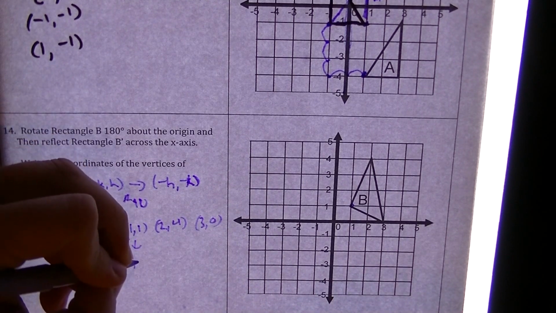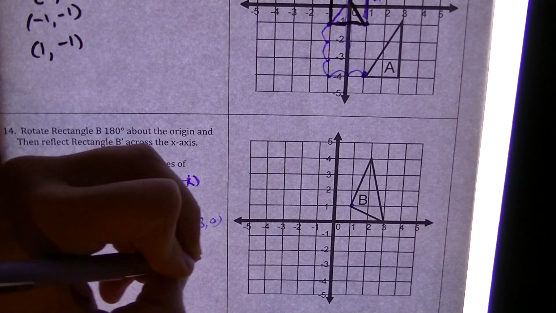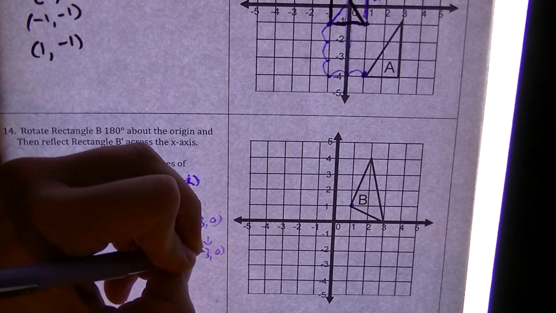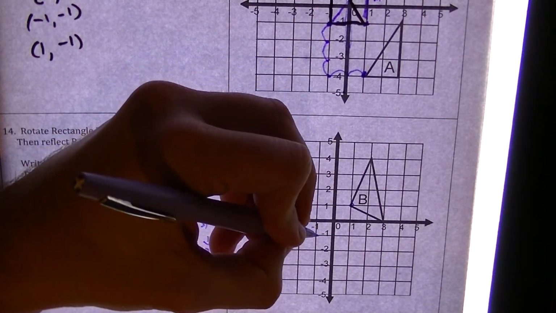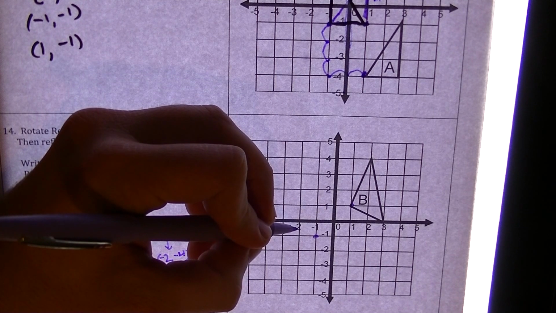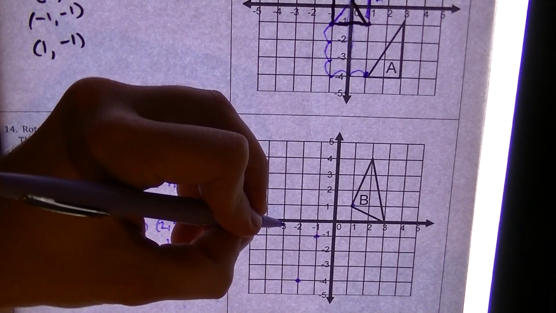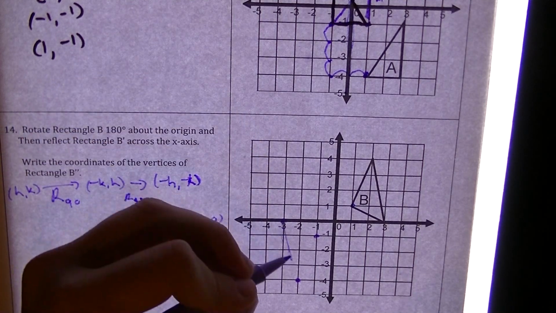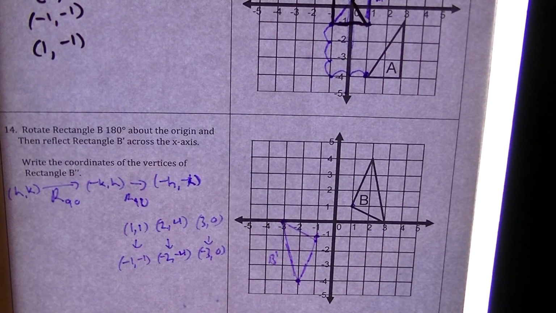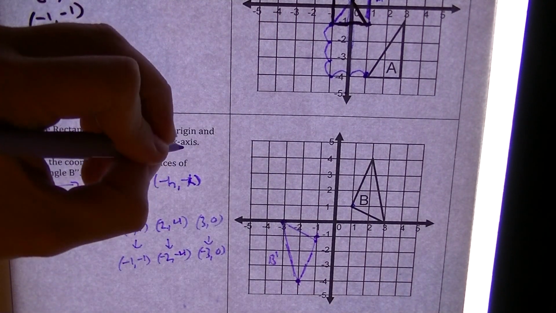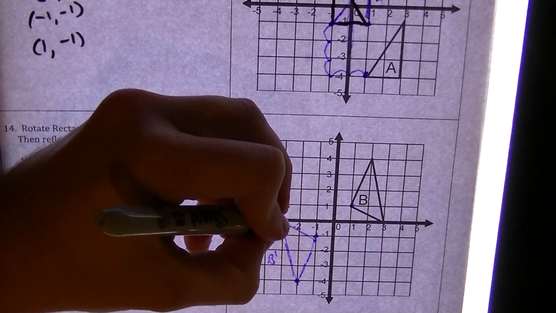So it'll go to negative 1, negative 1, negative 2, negative 4, and negative 3, 0. This is the points for B prime, and then a reflection over the x-axis is gonna get me, well, this point will stay here.